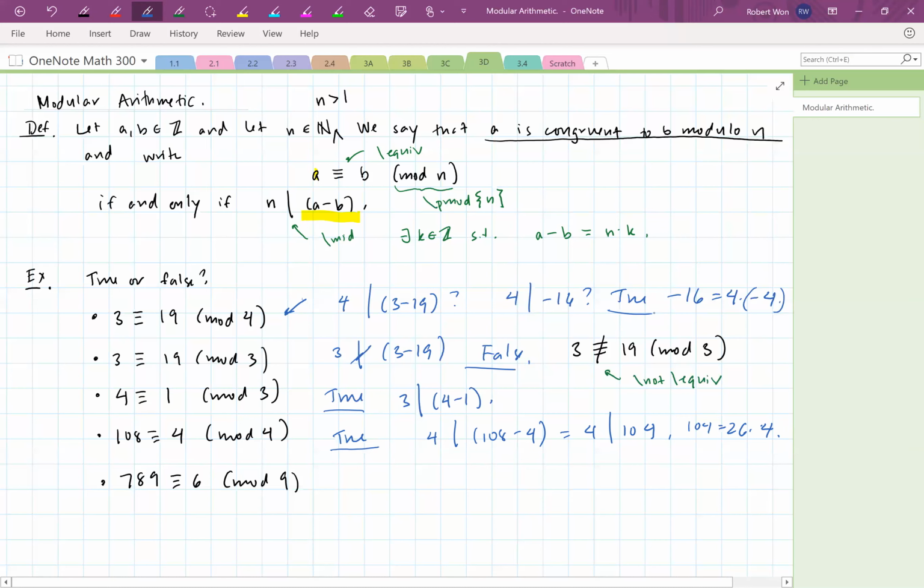And then this last one, I need to know, does 9 divide 789 minus 6? So I'm just asking, does 9 divide 783? Which I guess it does. 783 equals 9 times 87. So this is true.